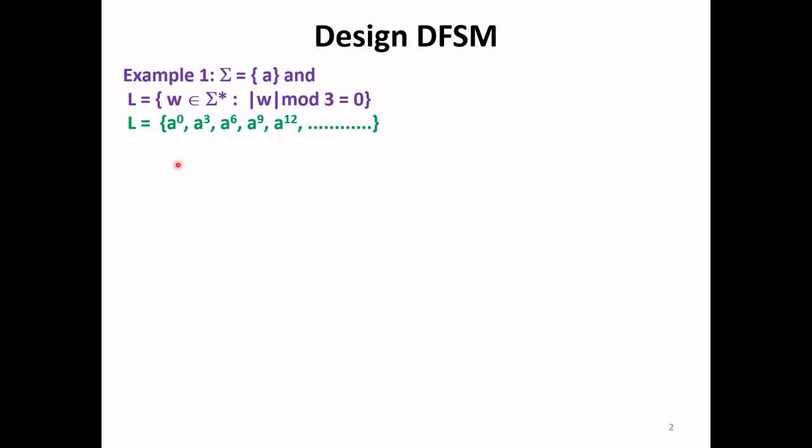A raised to 0 means epsilon is accepted, then 1 a is rejected, 2 a's are rejected, 3 a's are accepted. Again 4 a's and 5 a's are rejected, 6 a's are accepted. So how do we design a DFSM for this particular language?